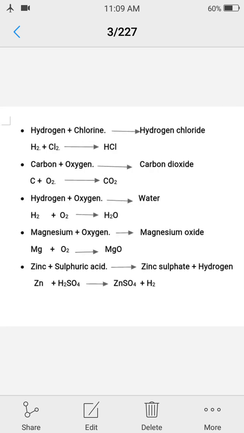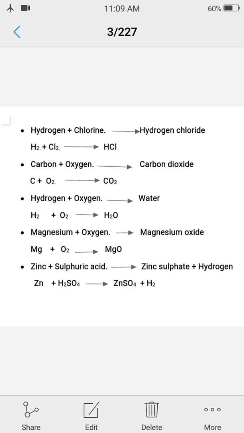So here you can observe different chemical equations. Firstly, I have written the word equation in which the names of the elements or compounds are written, and just below that word equation, the chemical equation with chemical formulae is written. Hydrogen plus chlorine gives us hydrogen chloride.